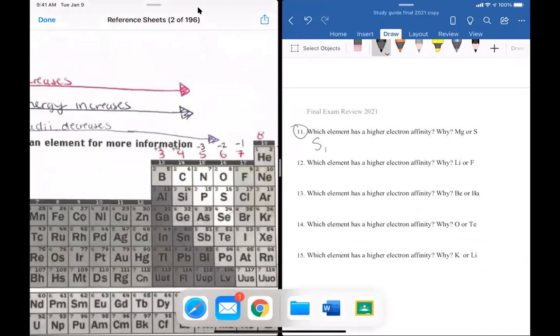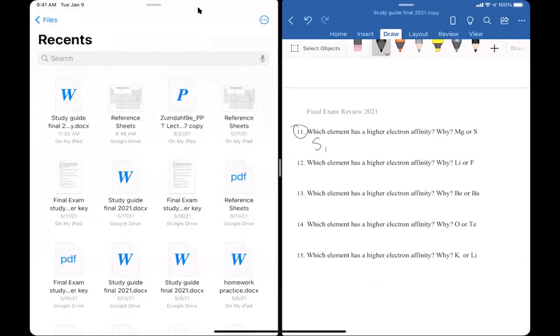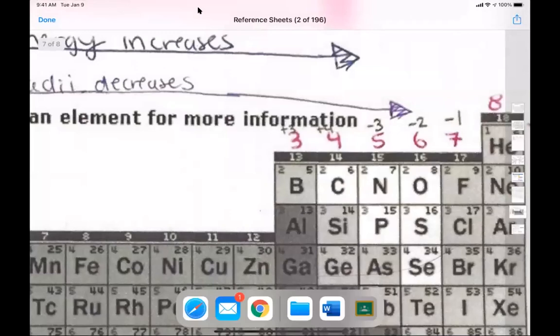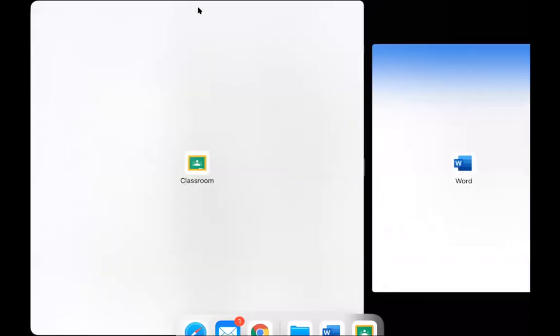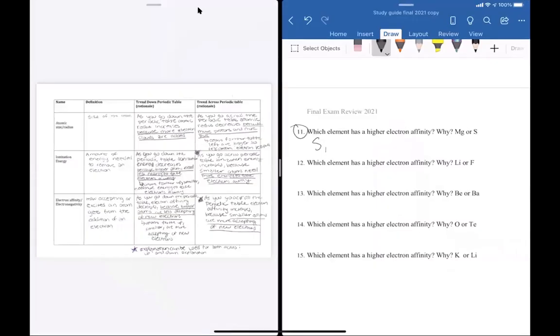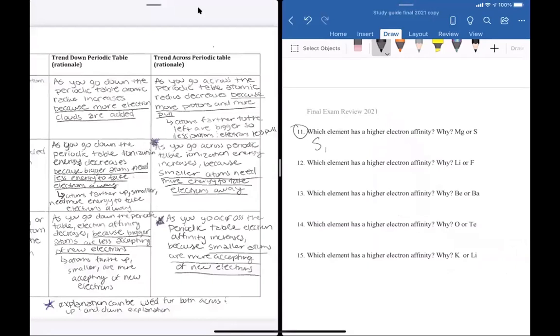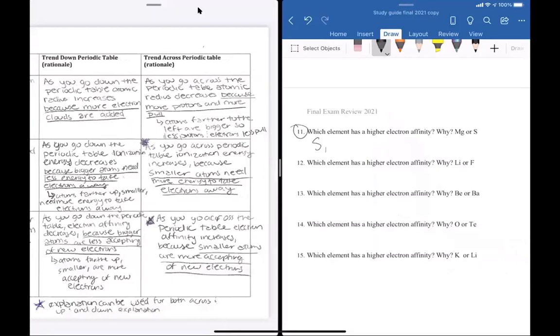Let's look at explanations. Oh, my bad. Hold on. There we go. Explanations are these, okay? So again, as the star says, you can use that explanation right here as you go across or as you go down.